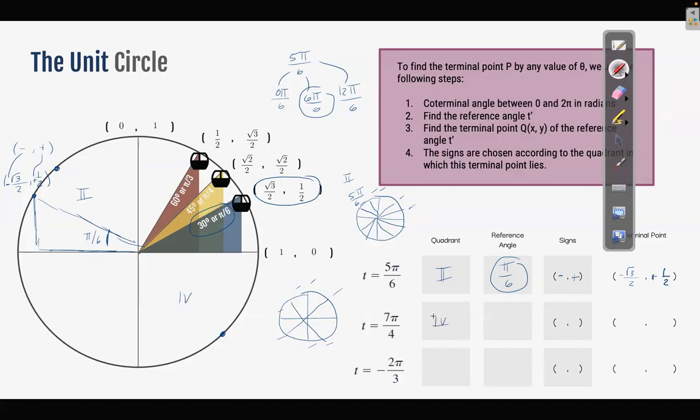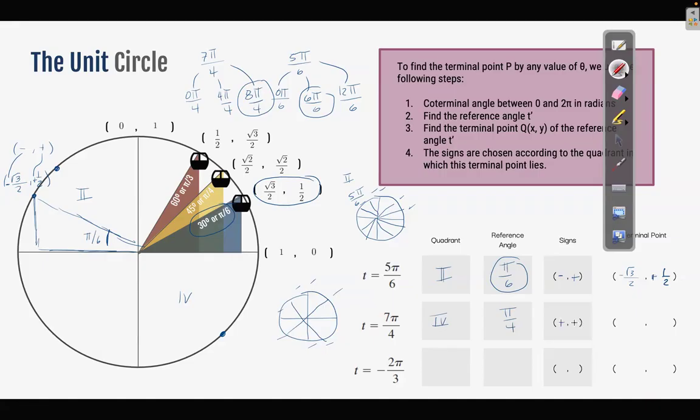The reference angle, if you're thinking about 7 pi over 4, you have, once again, 3 options: 0 pi over 4, 4 pi over 4, or 8 pi over 4. The closest base is 8 pi over 4, and you are pi over 4 away.